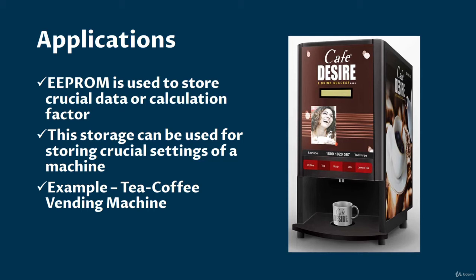One container is holding coffee, one tea, one milk, one hot water. Whenever somebody presses the coffee button, the controller takes some amount of coffee, some amount of milk, some amount of water, and some amount of any other ingredients if needed. Then it mixes all the ingredients together and pours it in a cup.